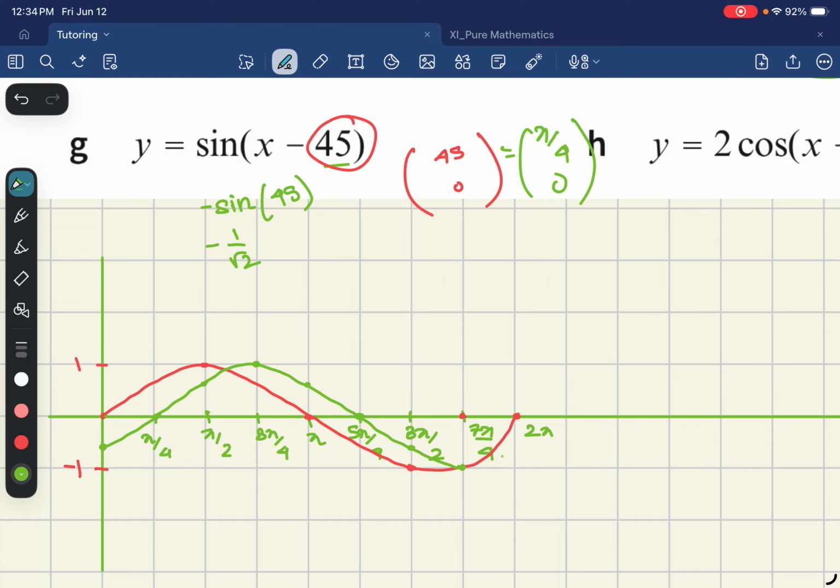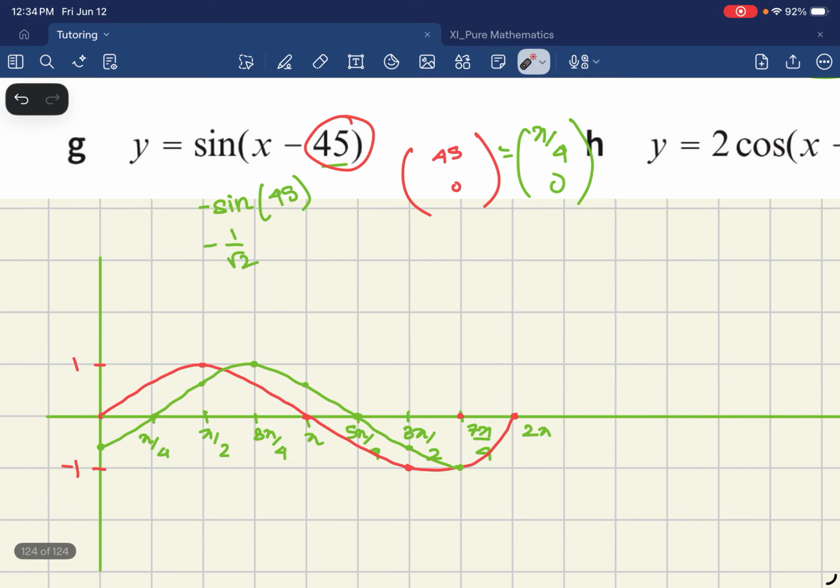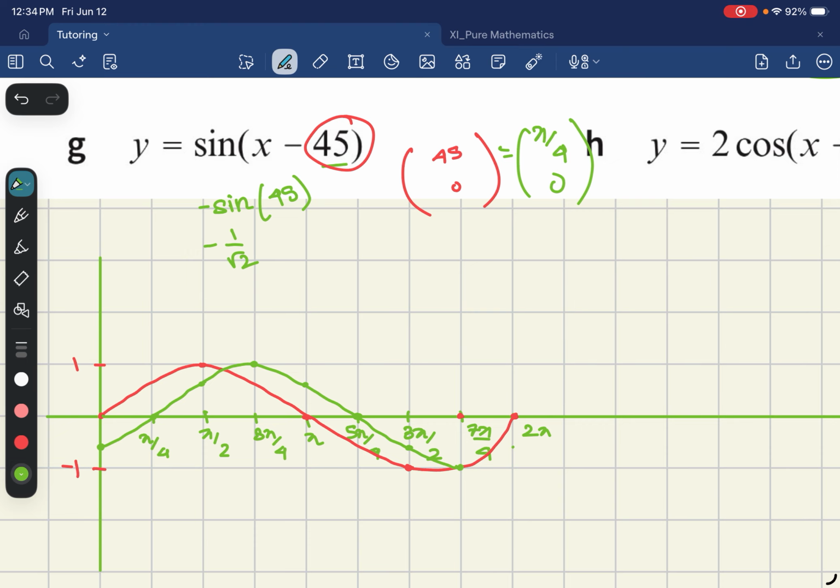So it's going to be somewhere here. And then up until 2 pi, because the period of this graph is still 2 pi. So this point, you have to match it here. So your green curve is going to go up until this here. All right, so your graph looks something like the green curve.